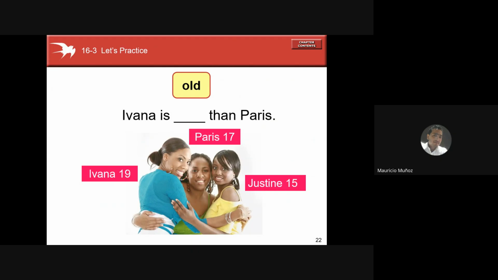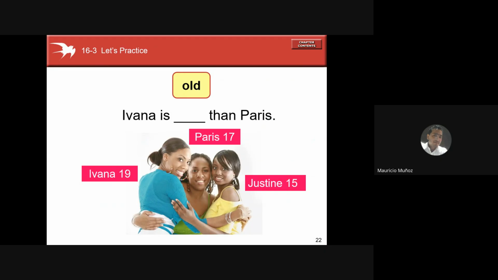Okay, dears. So let's continue, and let's practice some exercises. First of all, I want you to look at this picture. They are a family. I can see the mother and two daughters. Oh, sorry. There are three friends. I thought it was her mother, but it's not. They are three friends. Let me describe them. Girl number one, Ivana, 19 years old.